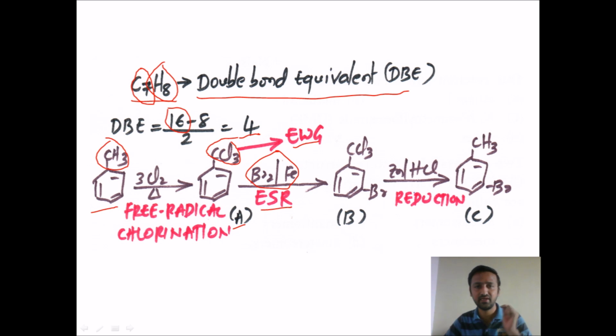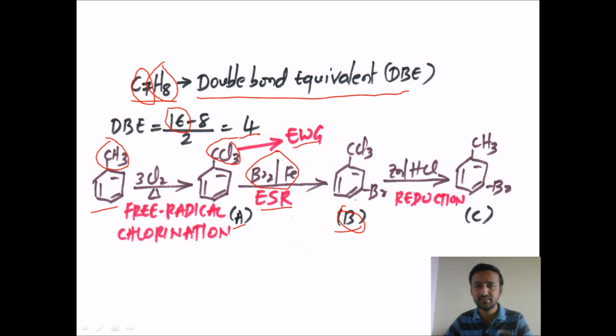Any electron withdrawing group present is taken as a meta director. So this CCl3 directs the electrophile Br plus to the meta position, and we get the meta substituted product. This is the structure of B: meta bromo trichloromethyl benzene.